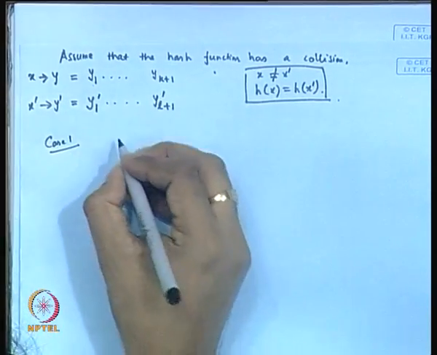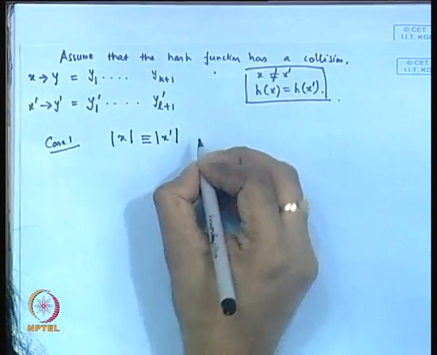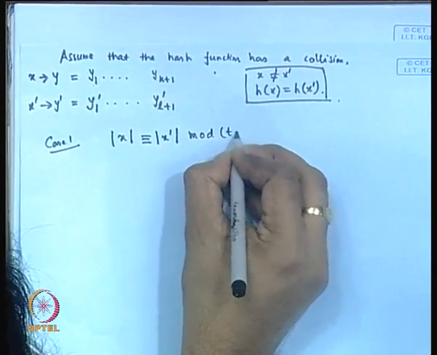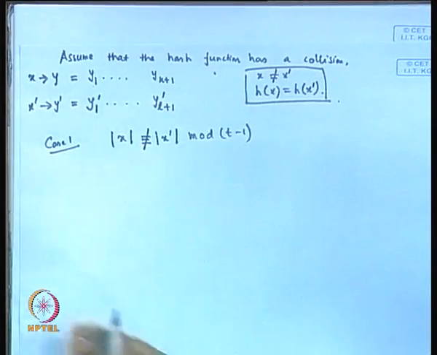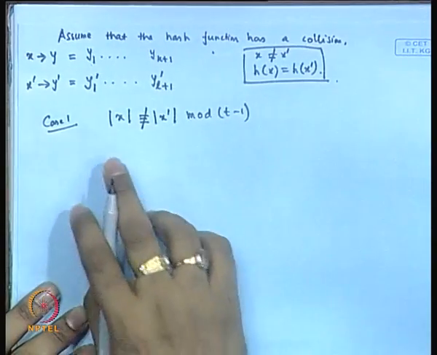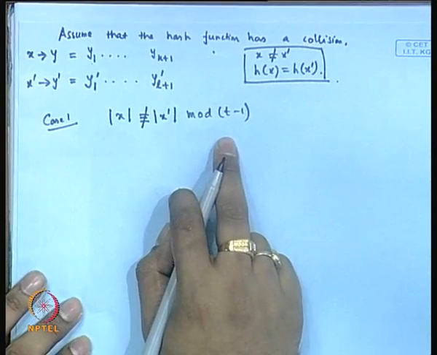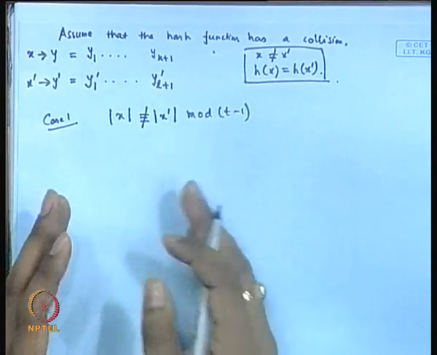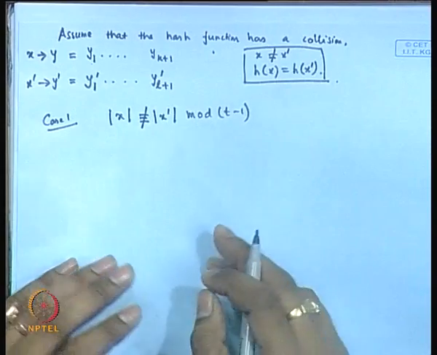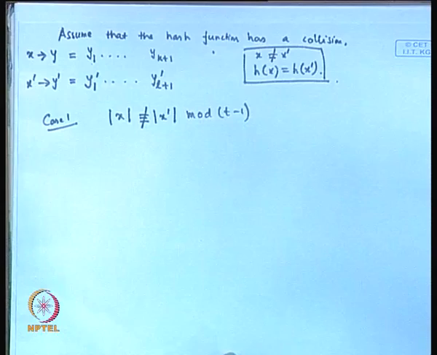Now assume two cases. Case 1 is when mod of x and mod of x dash mod of t minus 1 are not the same. This means that the final number of values which you are padding, minus d in one case and minus d dash in the other, differ.